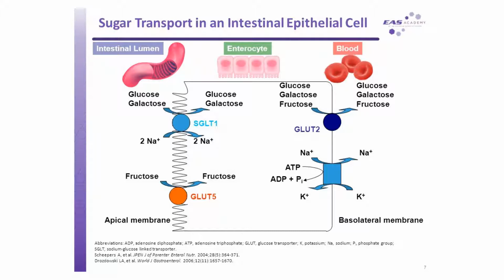Fructose moves by just facilitated diffusion, but requiring a different transport carrier protein. And then again, from the enterocyte into the blood, we still require a carrier protein to make that happen. As well as this is where we're seeing that change of energy happening. So using an ATP to allow this transfer to happen.